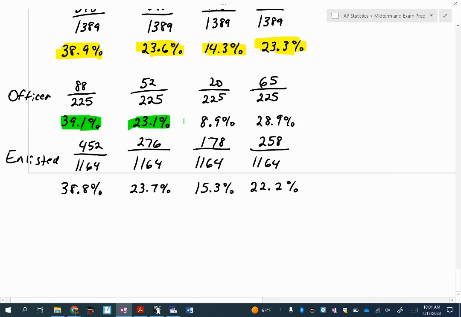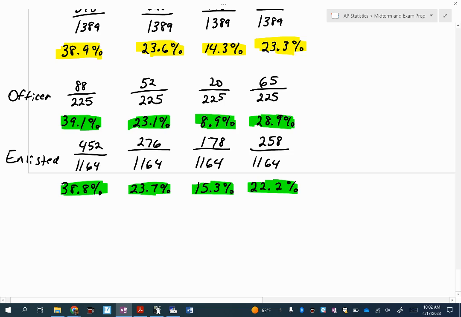The green ones I'm comparing to the yellow because the green ones have now taken into account the other variable, all right? And my conclusion here, which I'm going to write as a sentence in a moment, is essentially, it looks like for the enlisted members of the military, could you say that the relationship between enlisted and the military branches is independent?